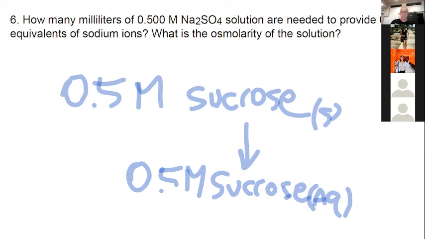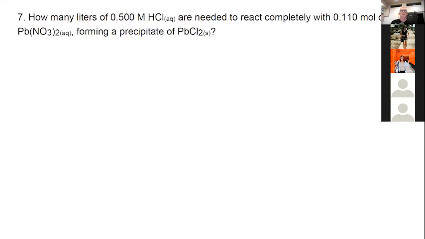All right, so we've got to go, but real quickly, let me show you how to deal with the last one. What's the very first thing you would need to do for this question? Start with the formula, exactly. We need a balanced equation. So one of my reactants is HCl.